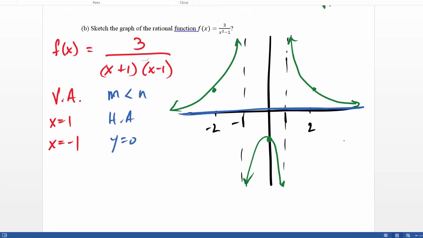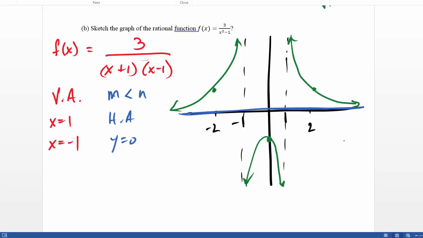Okay, again we have a similar situation in part B that we had in part A. I've factored the denominator again to see that we have non-removable discontinuity. This gives us vertical asymptotes at x equals 1 and x equals negative 1. Second, I checked my degree values to check my horizontal asymptote, y equals 0.